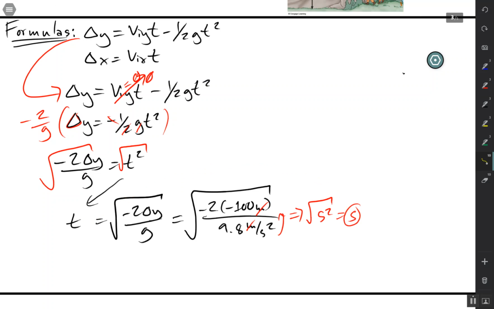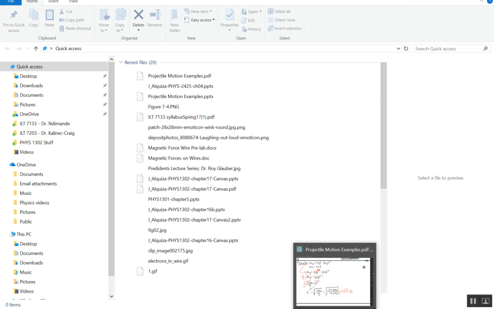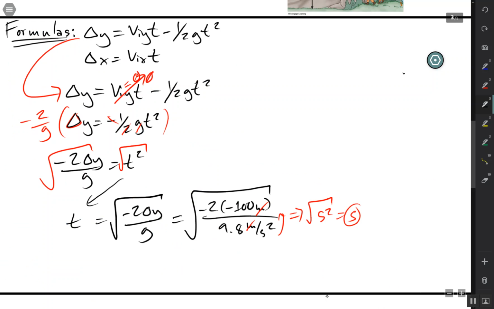So let me solve for that. And what we get there is a time of 4.517539. Let's just write this.